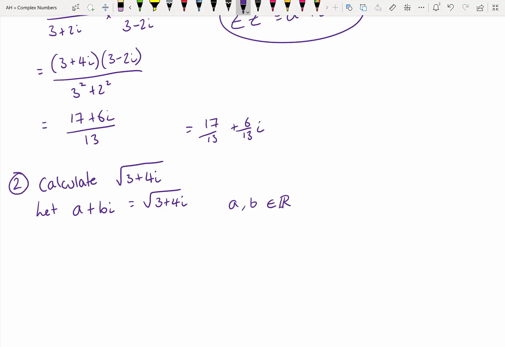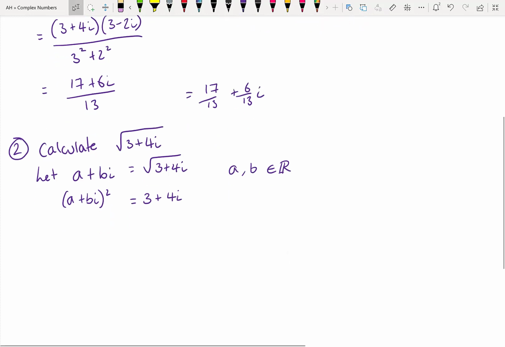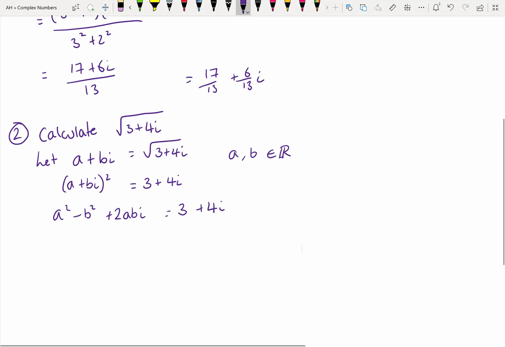What I'm going to do now is square both sides. So I've got a plus bi squared is going to equal 3 plus 4i. If I multiply this out, I'm going to get a squared minus b squared plus 2abi, and that is still equal to 3 plus 4i.